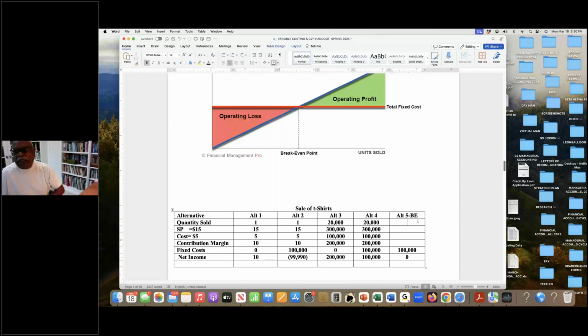I'm going to give you about 5 or 7 minutes to see if you can come up with a quantity that when you put it in this formula, sales less cost of goods sold gives you contribution margin, less fixed costs is going to give you net income of 0. So see if you can calculate that. Everybody understand what I want you to do?